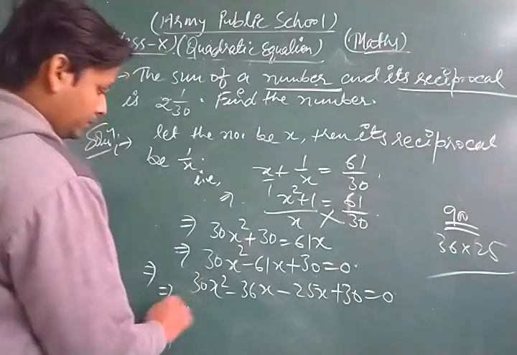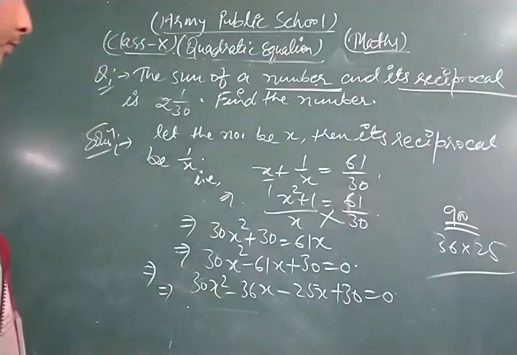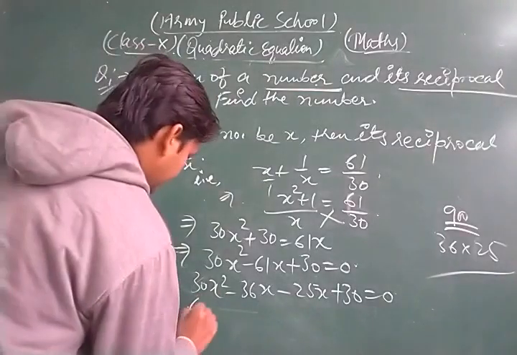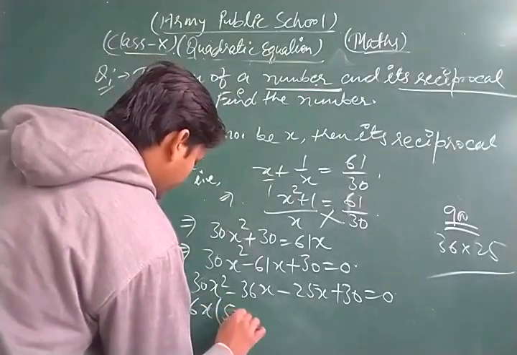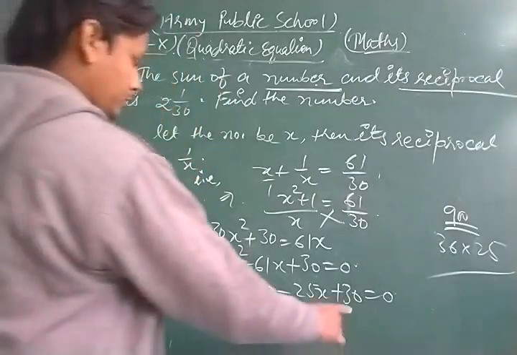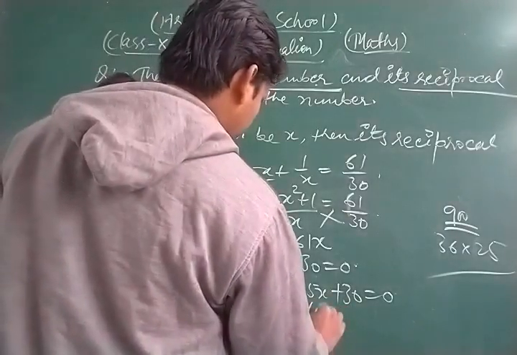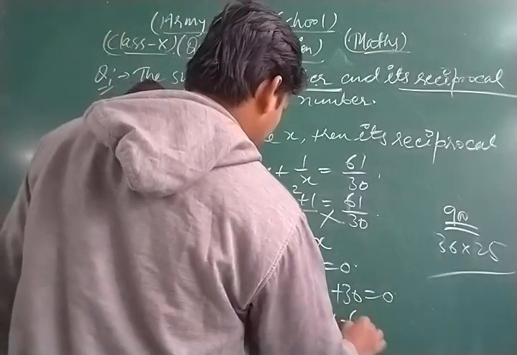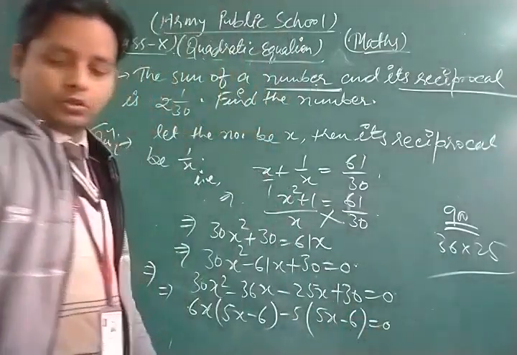Okay, now from these two terms we take 6 common, so 5x minus 6 is there. Now from here we take minus 5 common, and this is 5x minus 6 is equal to 0.